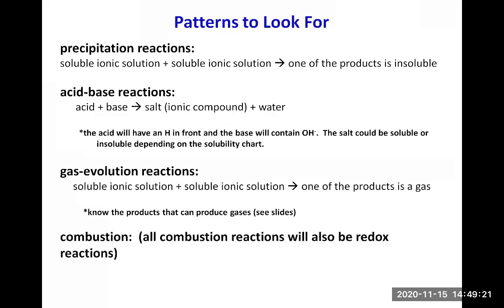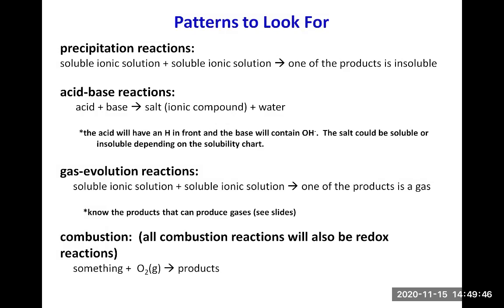And then combustion reactions. All combustion reactions are also redox reactions, because a combustion reaction is a subtype of redox reactions. We recognize them because they have oxygen as one of the reactants. And when something that is burned with oxygen contains carbon and hydrogen, the products will be carbon dioxide and water.